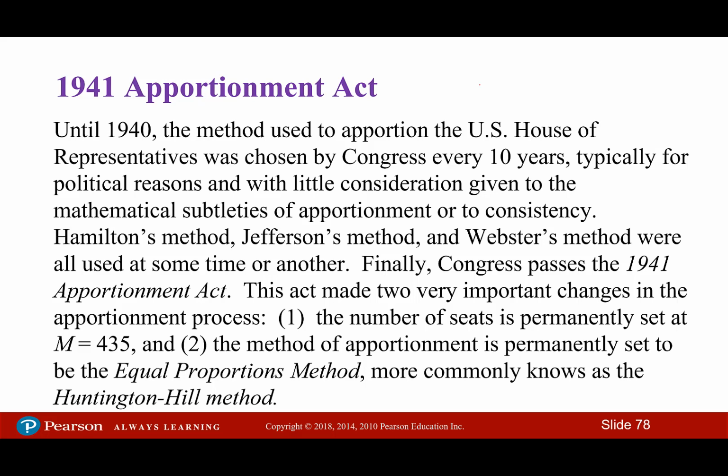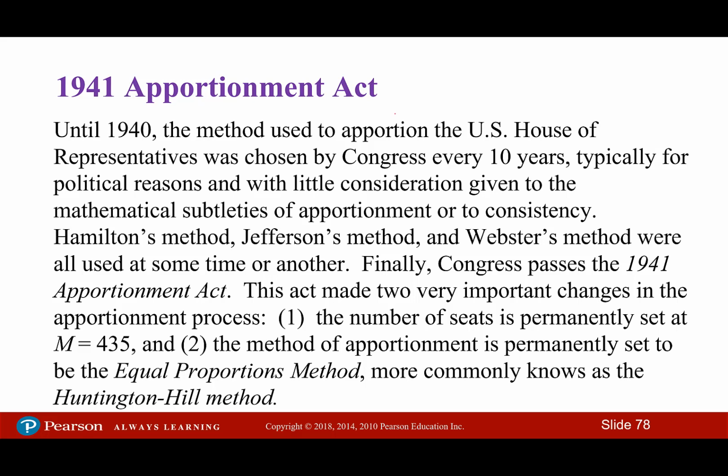And so the number of seats in the House of Representatives in America is set at 435, no more, no less. And then the method that we're going to use from here on out is going to be the equal proportions method, or the Huntington-Hill method as it's commonly called. That's it. So from here on out, we're not going to play the political game anymore in this. It's going to be set from here on out.